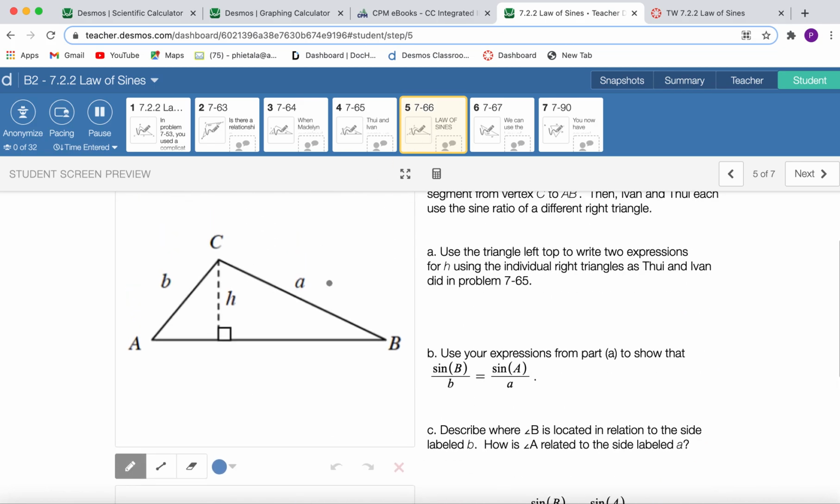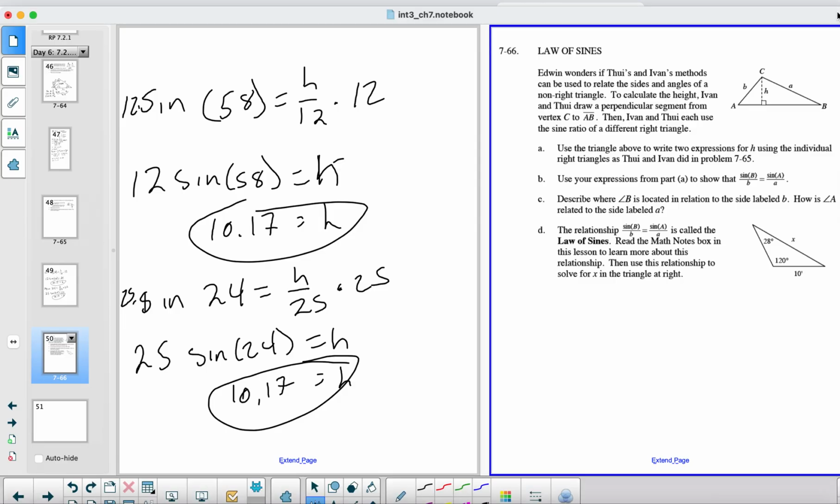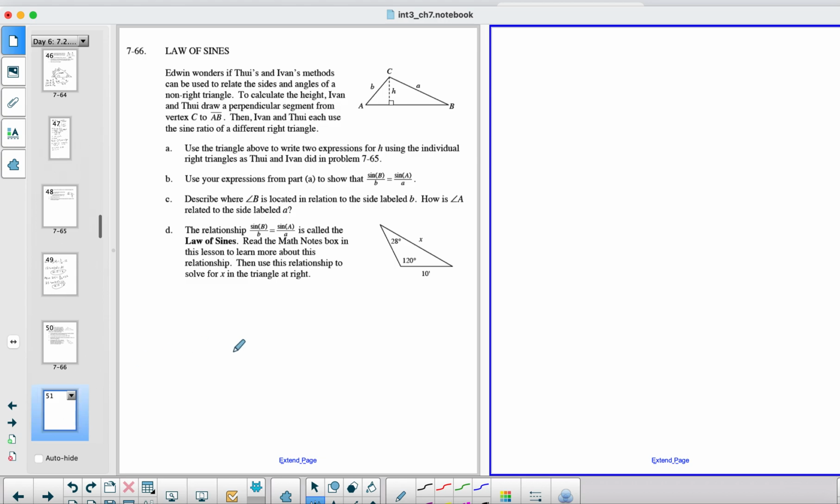So use the triangle on top here to write 2 expressions like we just did with Ivan and Tao. Same thing, so use the triangle to write.